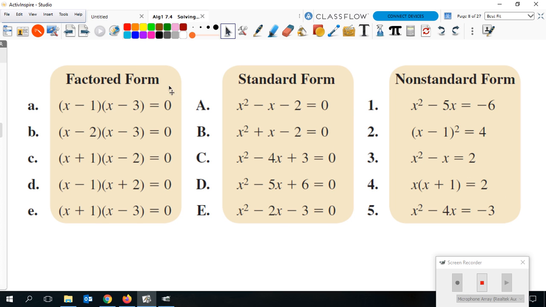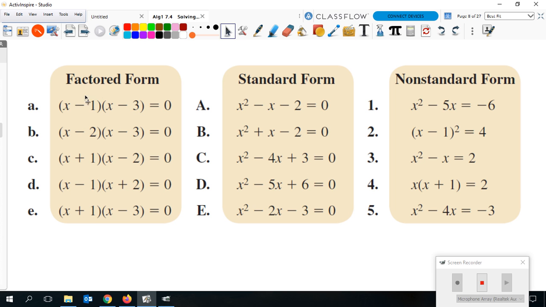Factored form would be when you have it in factors, with two binomials multiplying each other. That looks like when we were multiplying binomials with FOIL or a double distributive property technique. So that's our factored form. We've already been seeing this kind of form where we have two binomials next to each other. It could look like this, or it could be a monomial times a binomial or something like that.